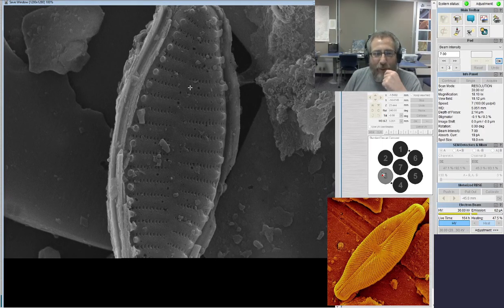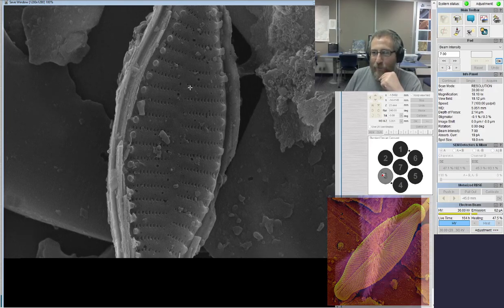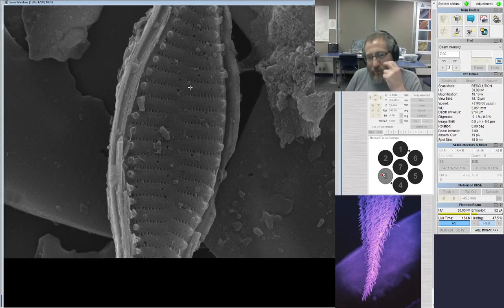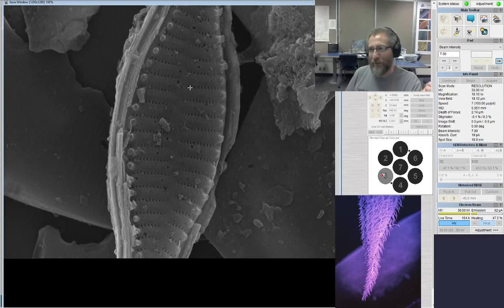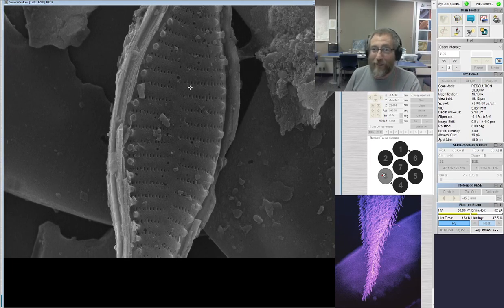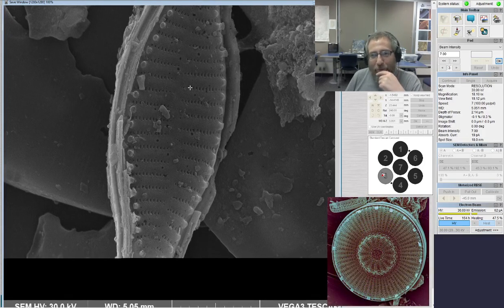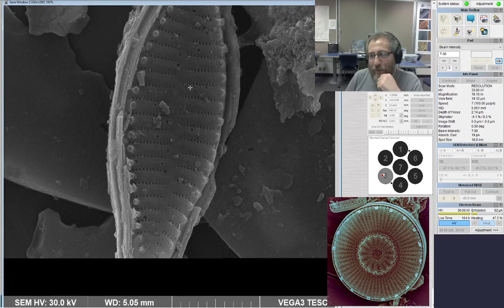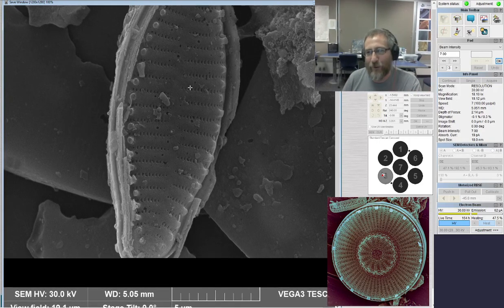A lot of people tell me the spines are probably so they're bigger and harder to consume. But a lot of the Stephanodiscus spines are very small, and I don't think they would help an organism keep from being eaten. So we were trying to figure out what spines could do, how they could help you if you're not using them to join.